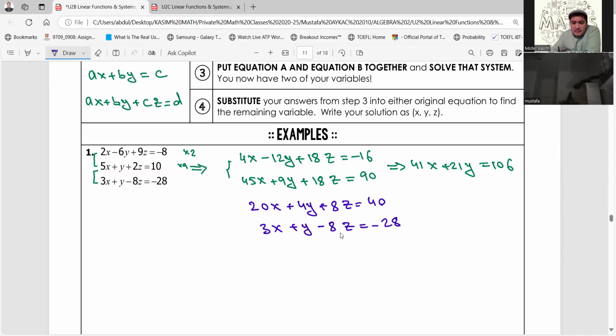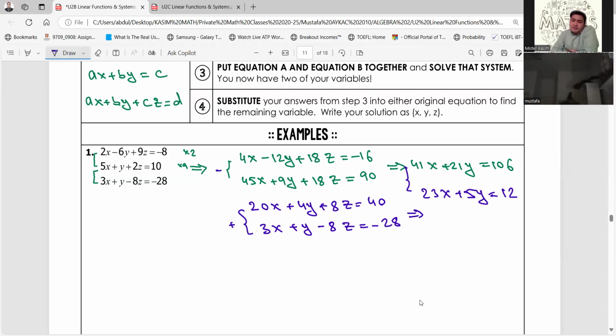Here we have 8z and negative 8z, so I add these two equations. 20 + 3 is 23x. 4y + y is 5y. 8z plus negative 8z is gone. 40 + (-28) is 12. Now we have a system of linear equations in two variables.